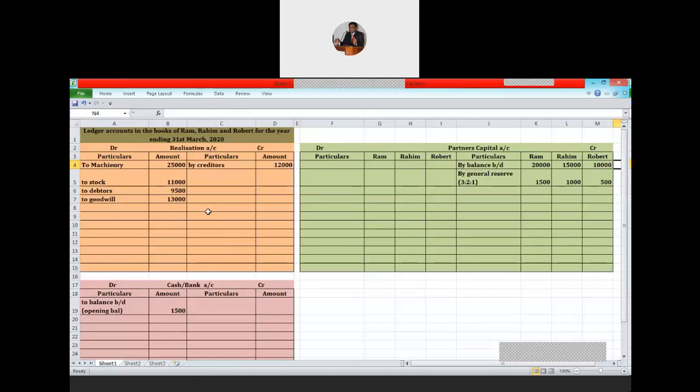So in the realization account, by cash or bank account, assets realized 60,000, and the corresponding posting will appear in cash account, debit side, to realization account, that is assets realized 60,000.